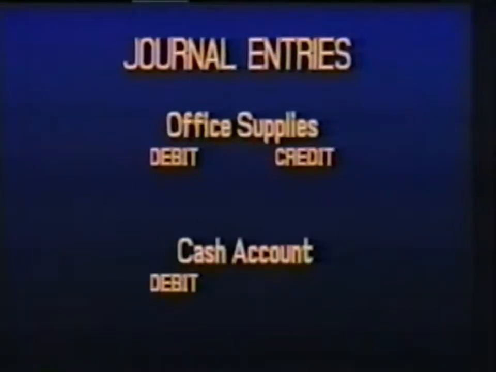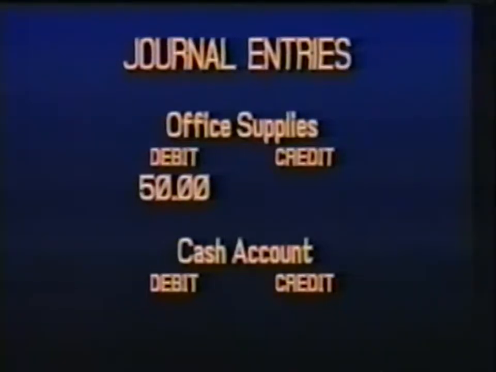To record the transaction, we'll debit our account, office supplies, by $50 worth of paper because this is where the paper is going. We'll also credit our cash account by the $50 because this is where the money is coming from. Our journal now reflects this occurrence in the financial history of our company. We now have a record of this important financial event. But how does this affect any other accounts involved?